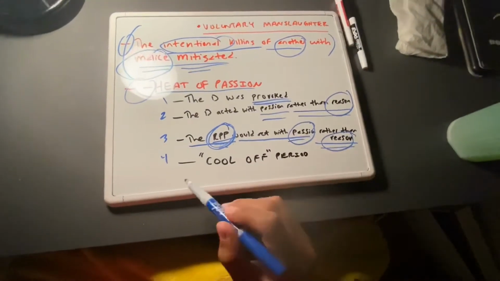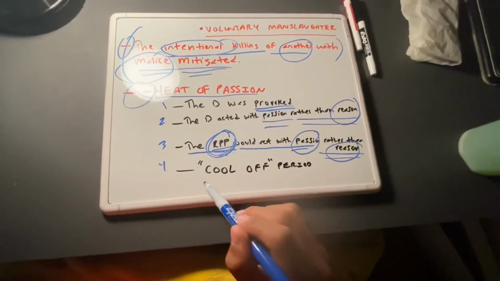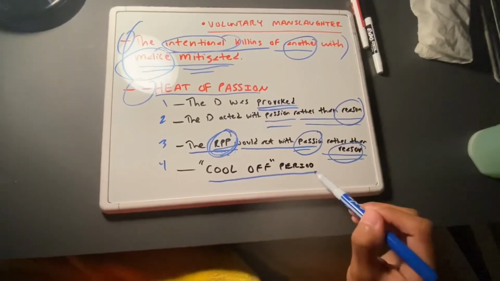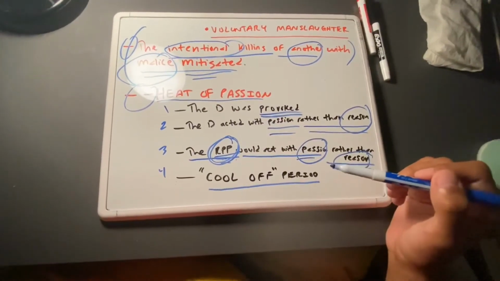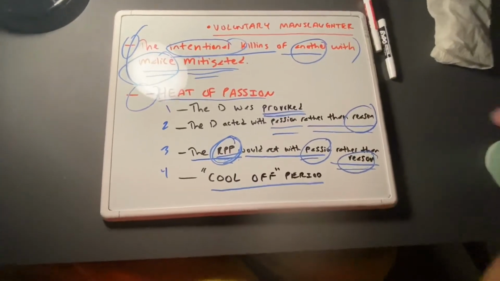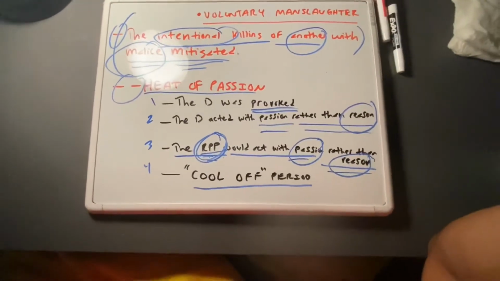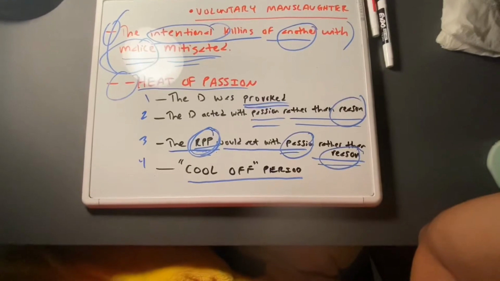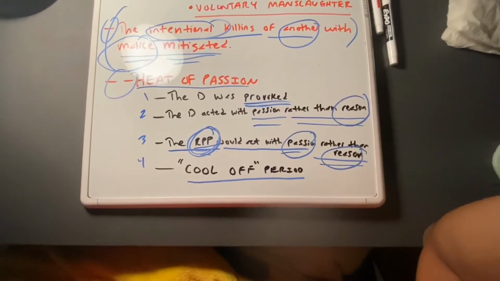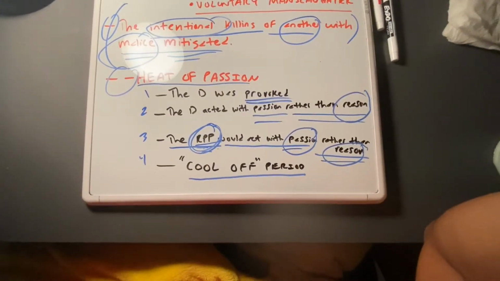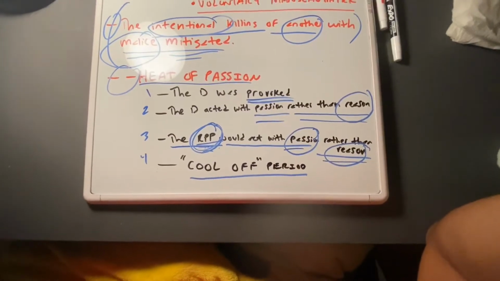And lastly, for element number 4, there must be a cooling off period. An example of this, the all-star example of this under the common law, is that let's just say that the defendant came home from work early one day and found his wife in bed with another man.